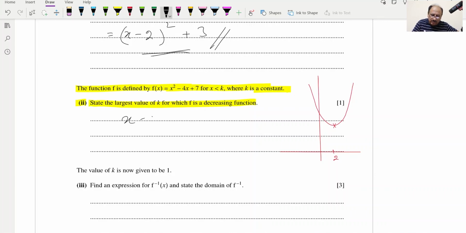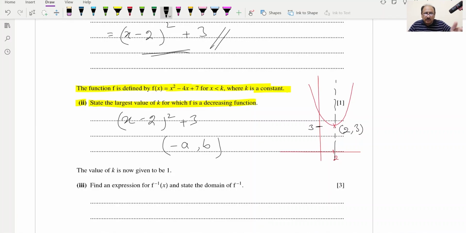We are using this equation, x minus a squared plus b. So minus a will be minus 2, so a is 2, and b will be 3. The coordinates of this minimum point will be 2 and 3, and the line of symmetry will be x equals 2, which we can show over here, and the y coordinate will be 3.